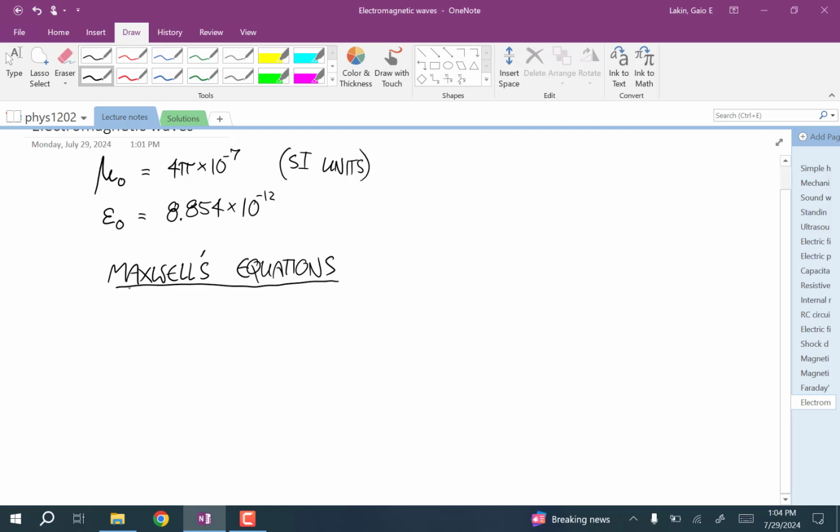Maxwell didn't come up with all of these equations himself. His main contribution was unifying all of these into a single theory, and there was one major change that he made to one of the equations. So let me go through the equations. What did they do? First of all, they unified electricity and magnetism, so it all became one totally contained theory.